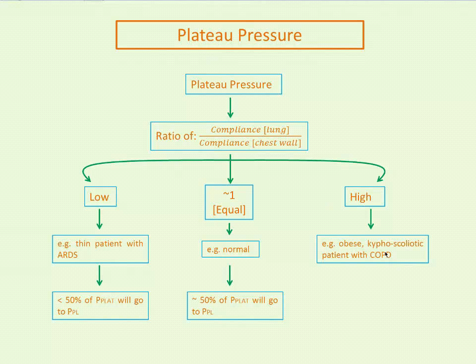This patient has a high pulmonary compliance from the COPD, and then very low chest wall compliance, which makes the ratio high, because they're obese and they've got kyphoscoliosis or massive ascites or you name it. Then more of the plateau pressure at end inspiration or more of the PEEP at end expiration will go to the pleural space. And again, these are very, very rough, rudimentary, qualitative assessments.